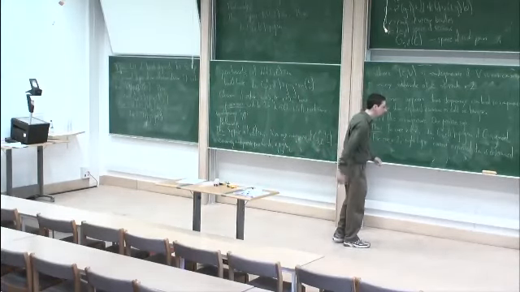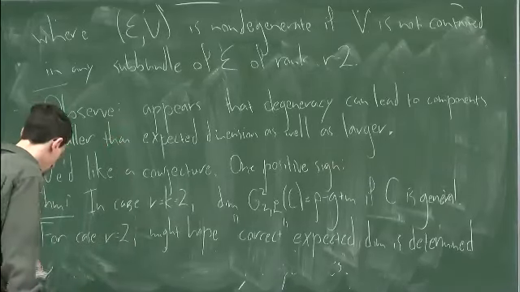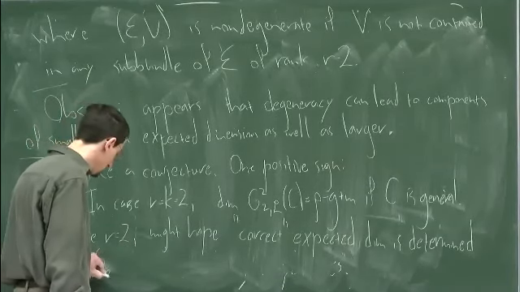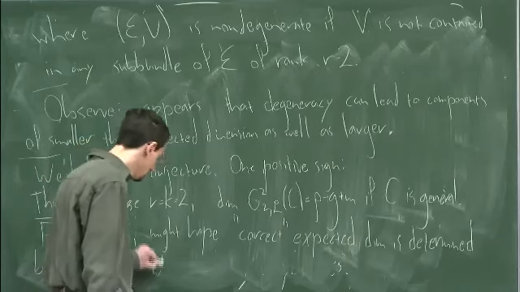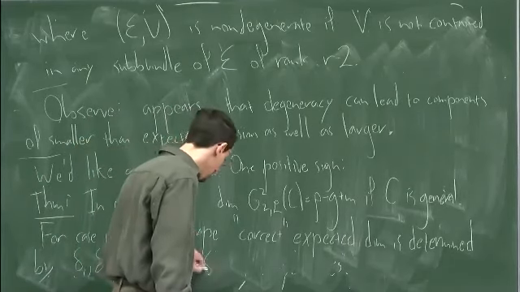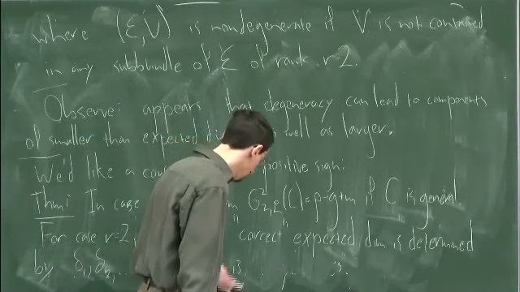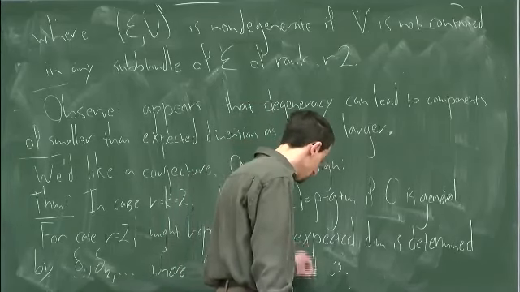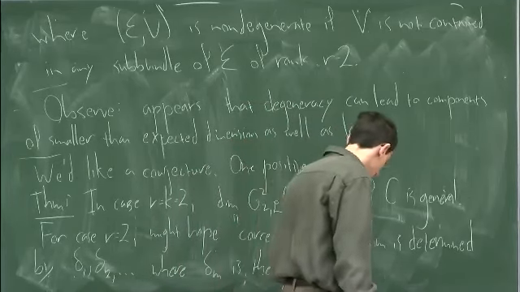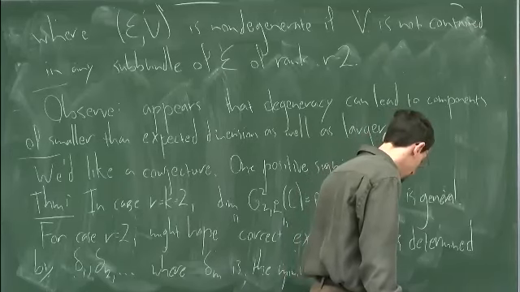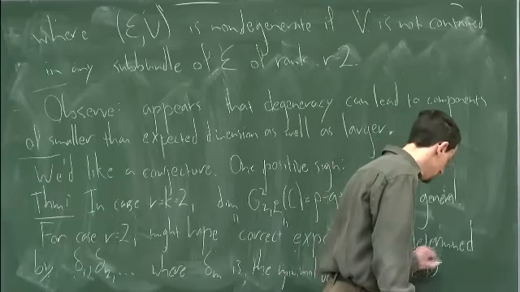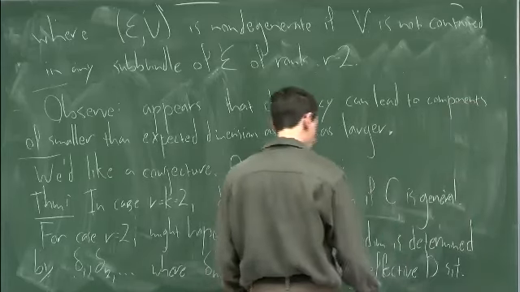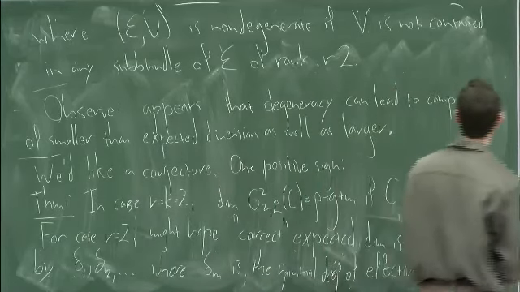And so you could speculate that it would be determined by a sequence, say delta 1, delta 2, etc., where delta m is the minimal degree of an effective divisor d, such that if you twist down by d, you produce at least m h1.